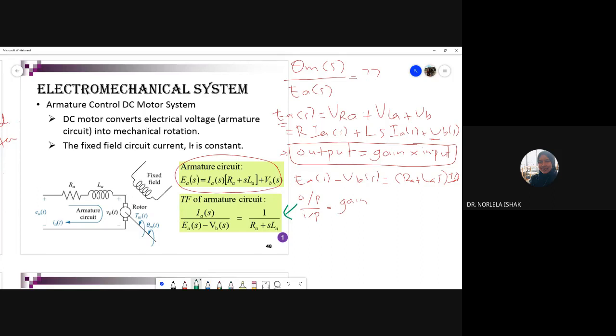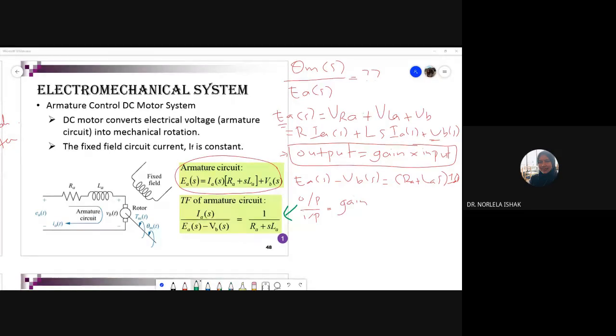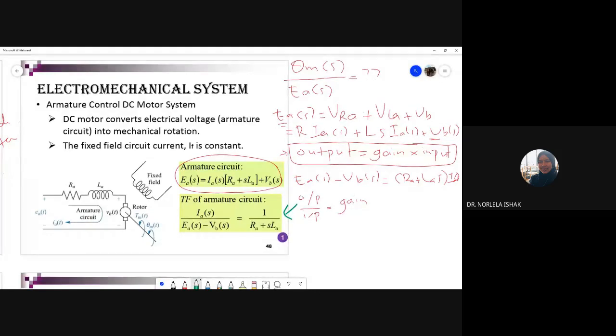Guys, you can follow me for the first subsystem? Is it okay? Yes. Very good. This is how to derive the first subsystem, which is the armature circuit.